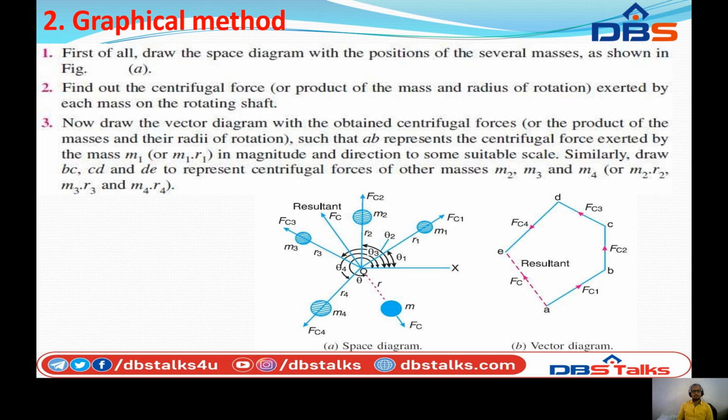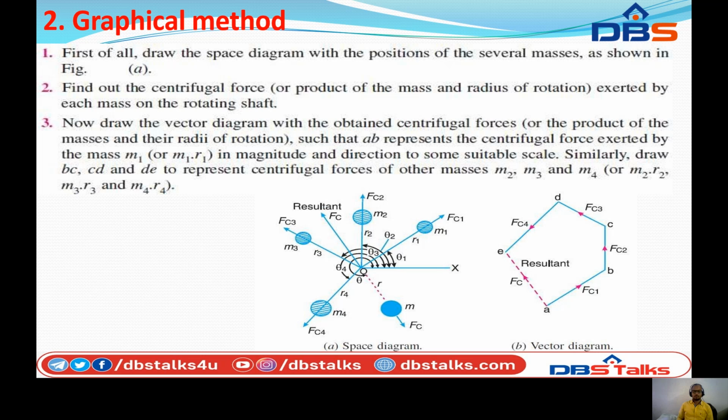Now finally, as a polygon of forces, the closing side, that is AE, will represent the resultant force in magnitude and direction. So figure B is the vector diagram representing the analytical and graphical methods. Which one is easier? The graphical technique is the easiest one.